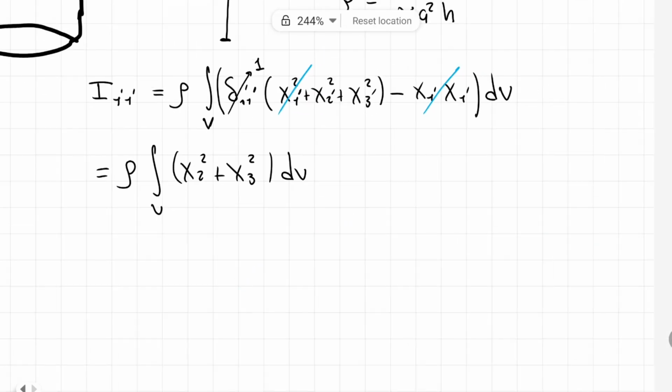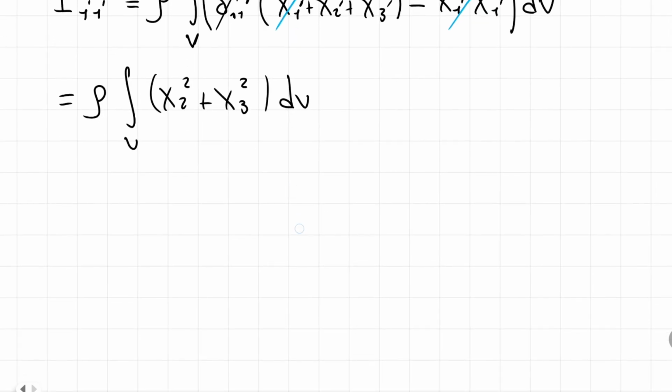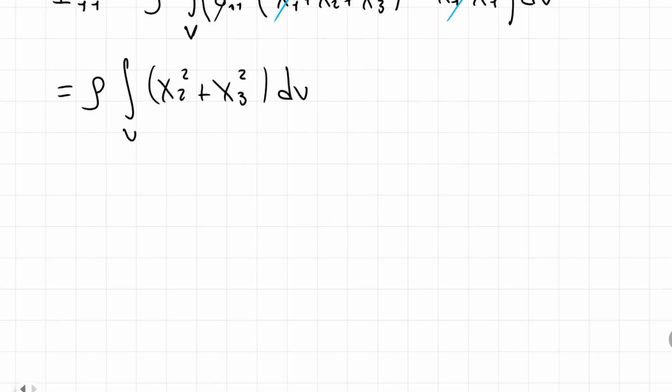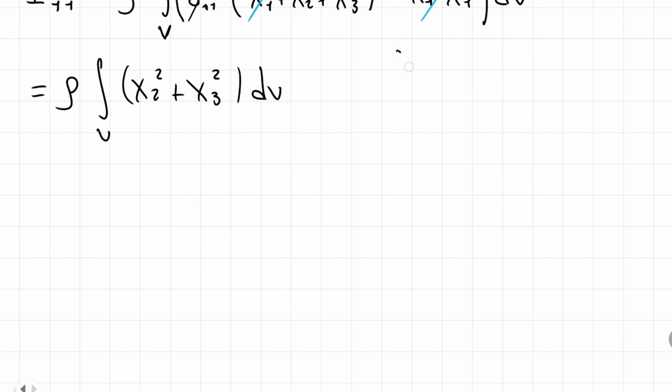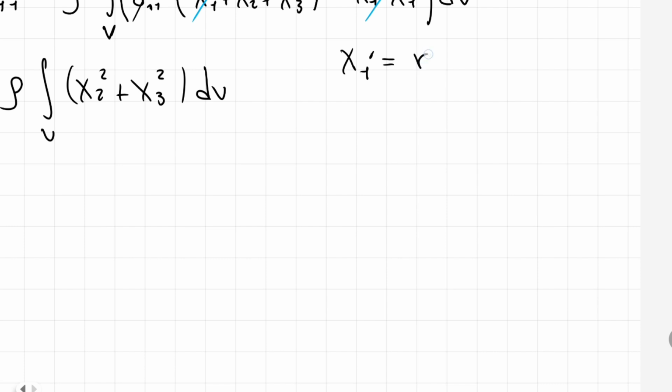Perfect. So looking at the fact that we are working on a cylinder, it can be very easy to suspect that we need to use cylindrical coordinates. So that means that, for example, the x1 prime coordinate is going to be equal to r cosine of phi, x2 prime is equal to r sine of phi, and x3 prime is equal to z.